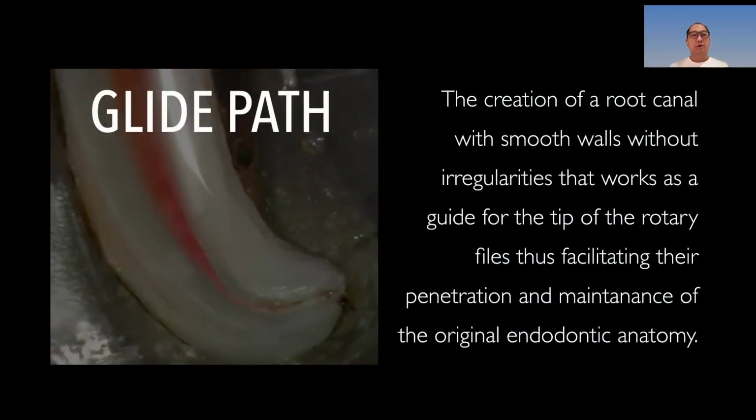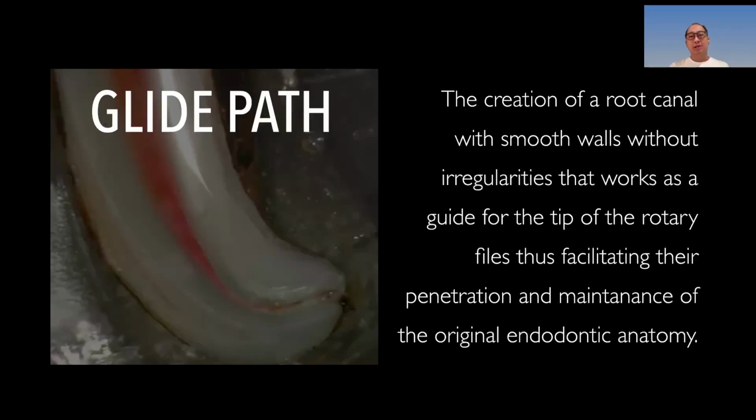After you create your negotiation, you go into the next phase, which is creating the glide path. Glide path is basically the creation of a root canal with smooth walls without any irregularities that works as a guide for the tip of the rotary file. As it goes into the root canal, it facilitates penetration and also maintenance of the original endodontic anatomy.